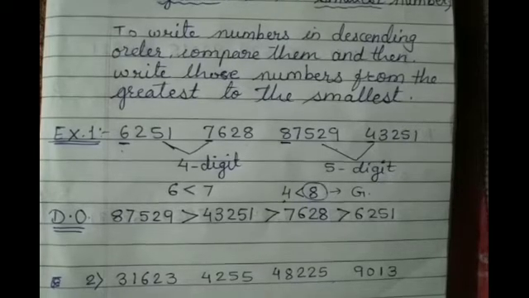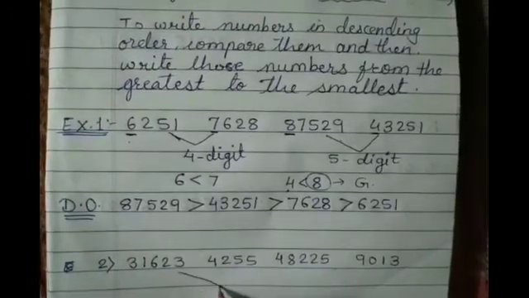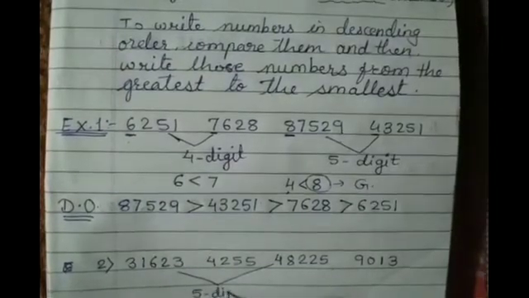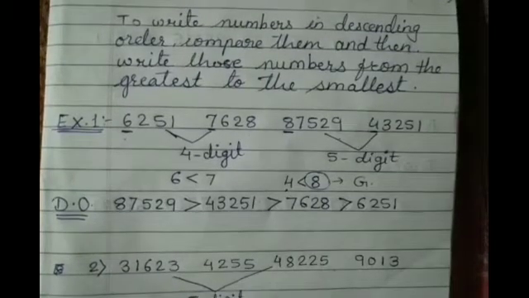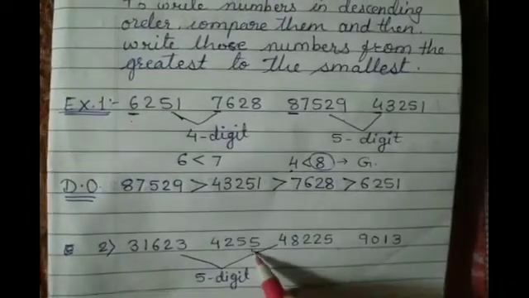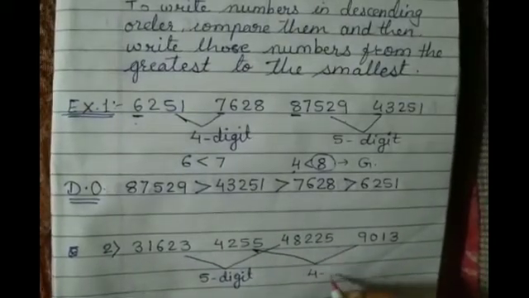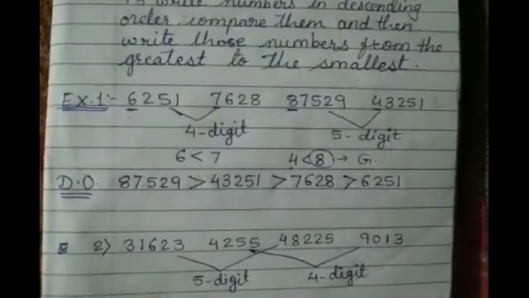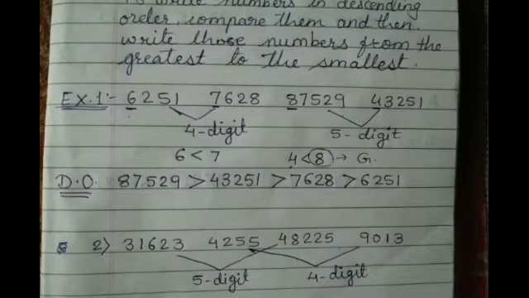We will come to know that the first and the third numbers are 5-digit numbers. So the greatest number must be among these two. And the second and fourth numbers are 4-digit numbers. That means the number among these two will be the smallest.